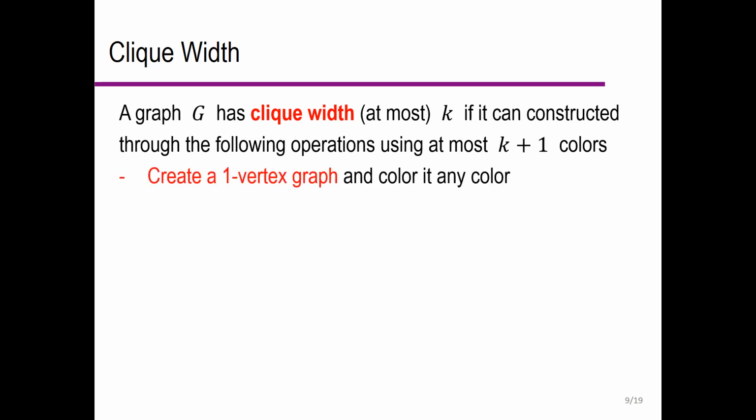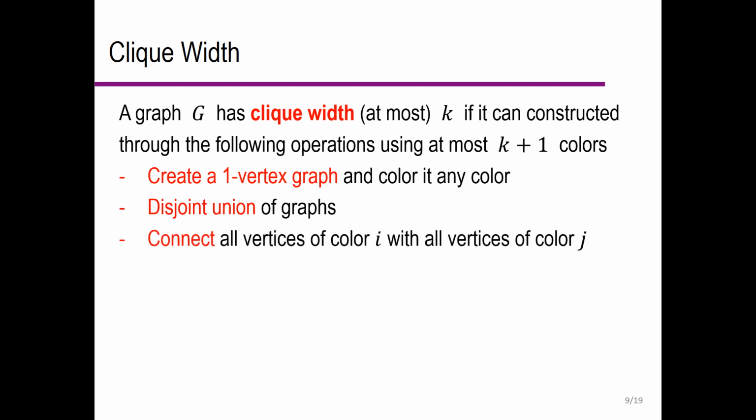The first operator is to create a one-vertex graph and color it any color we like. Second, take 2 already constructed graphs and take their disjoint union. Third, connect all vertices of one color with all vertices of another color. And finally, change the color of all vertices of color, say, i to color j.